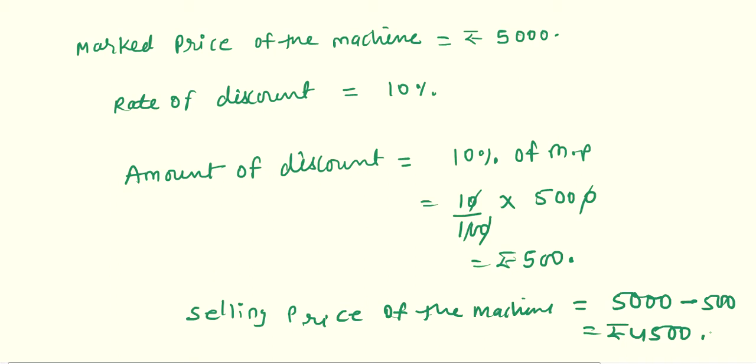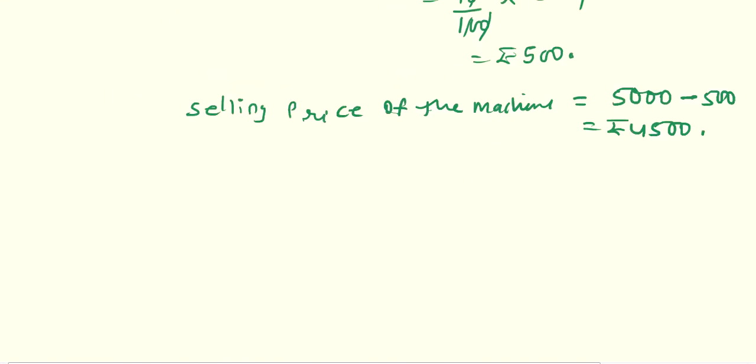Then question number two. A shopkeeper marked a dinner set at rupees 1000. He sold it at rupees 900. What percent discount did he give?